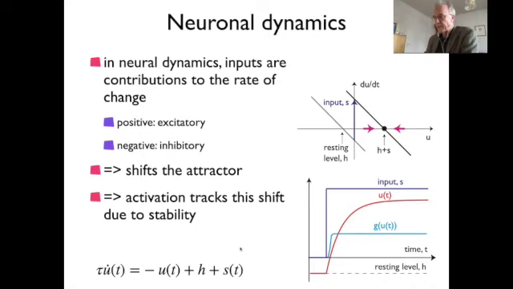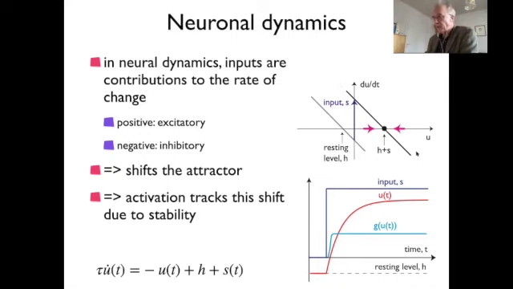If you plot the right-hand side as a function of u, then the minus u, which depends on u, has this negative slope. The s is a constant relative to u. So if you add that constant, you essentially just shift that minus u function up by the amount s and still retain the shape of that function.